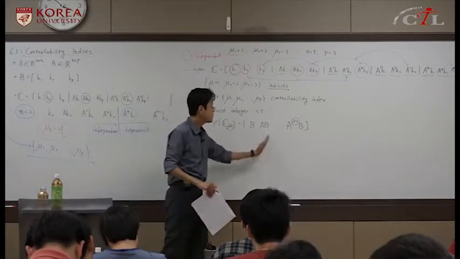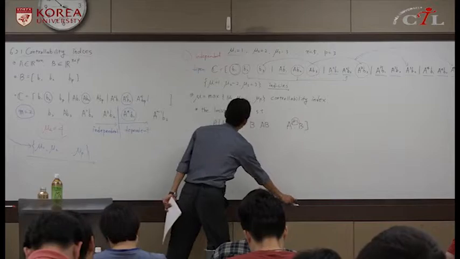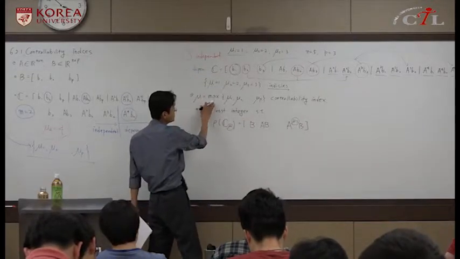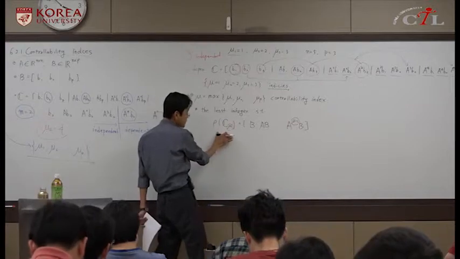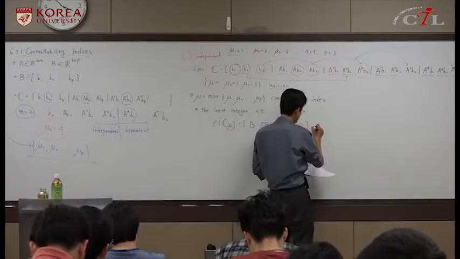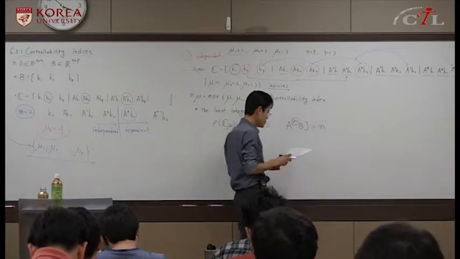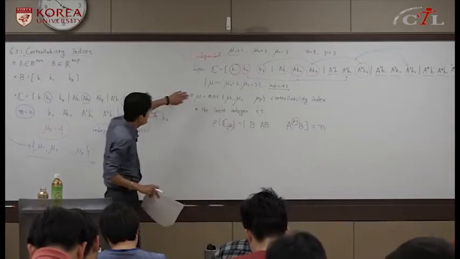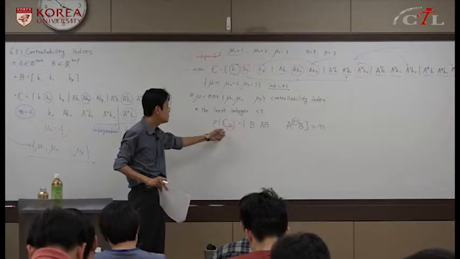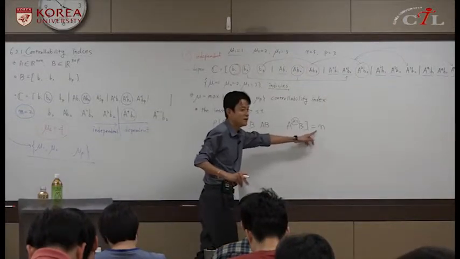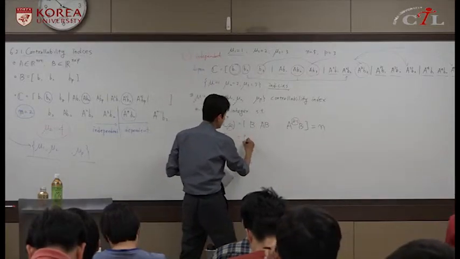So total mu columns. So if we take this mu, the maximum of controllability indices, then its rank is the same as the rank of the original C. So if it's controllable, mu is the number such that the rank of C_mu is equal to n.